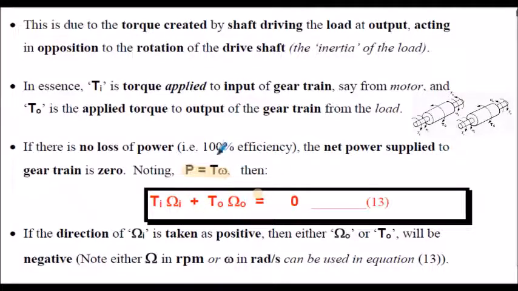If we're assuming 100% efficiency, then the power output must be the same as the power input, and that's what the T omega is showing. That's a power input and the power output. When we add them together, they must equal 0 if we've got 100% efficiency. And again, the direction of the omega i's and the omega o's and the direction of the torques account for the senses in equation 13, as you'll see in a moment.